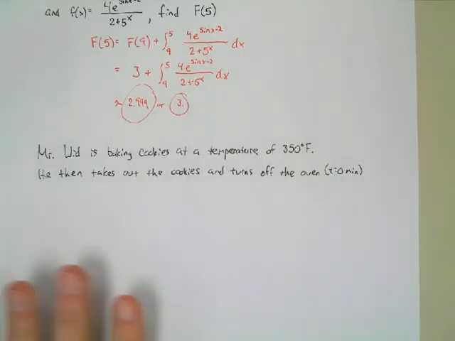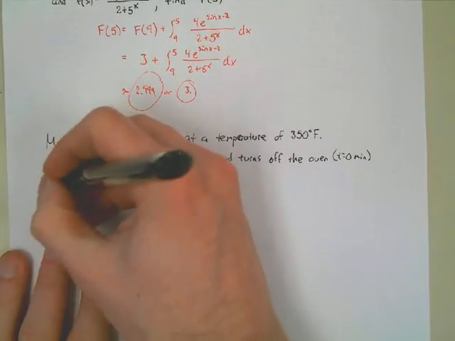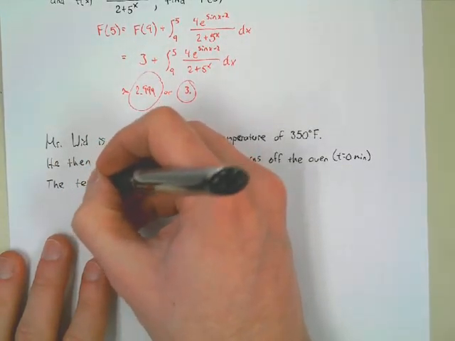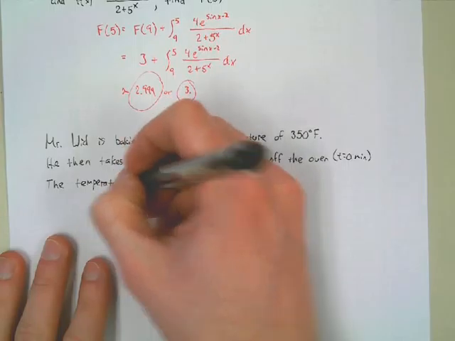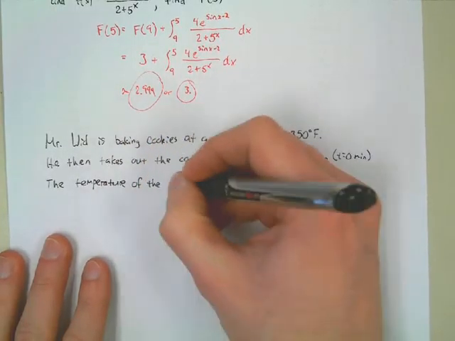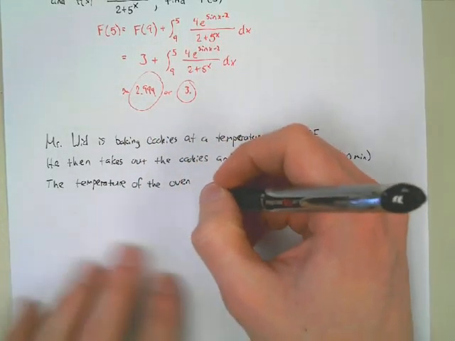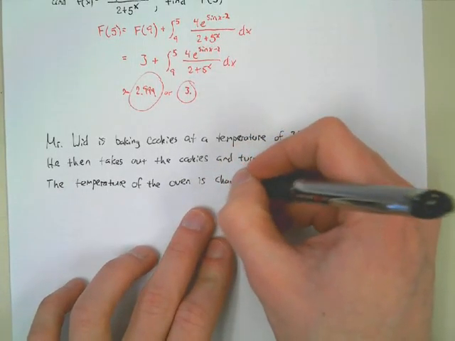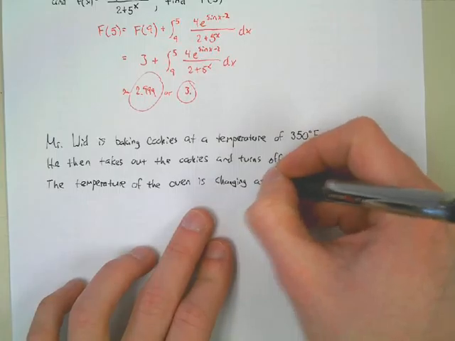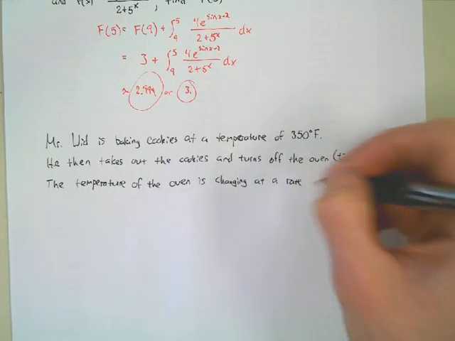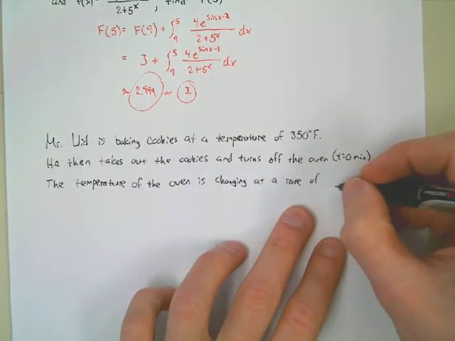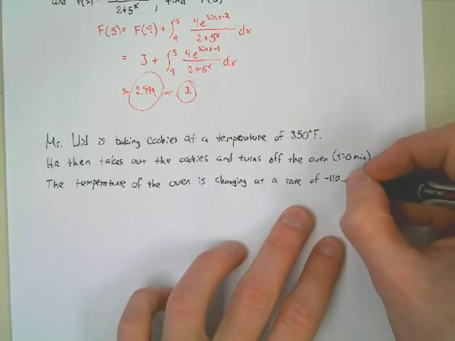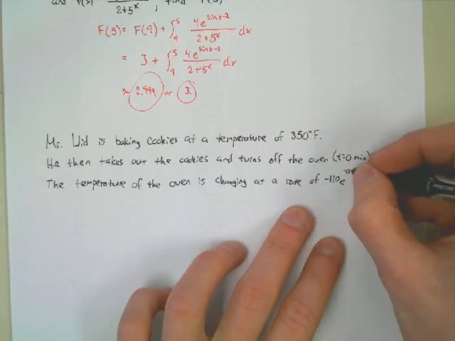The temperature of the oven is changing at a rate of negative 110 e to the negative 0.4 t degrees Fahrenheit per minute.